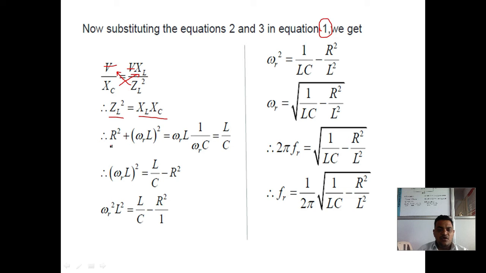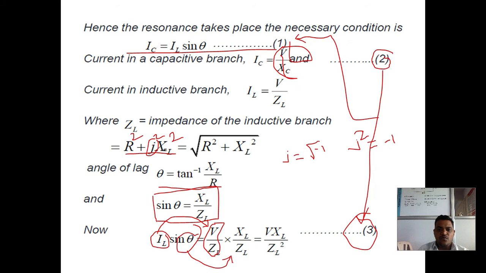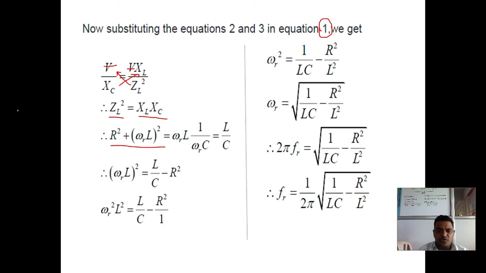Then we substitute XL equal to omega L and XC equal to 1 upon omega C. From the RHS, the omega and omega get cancelled.